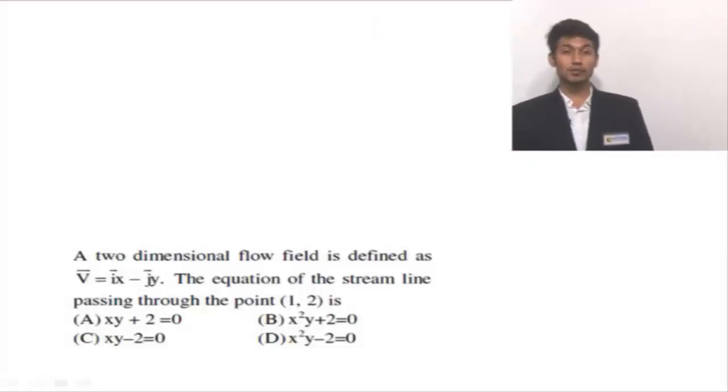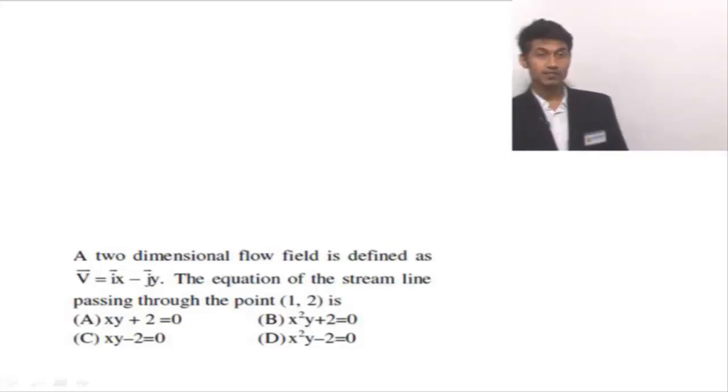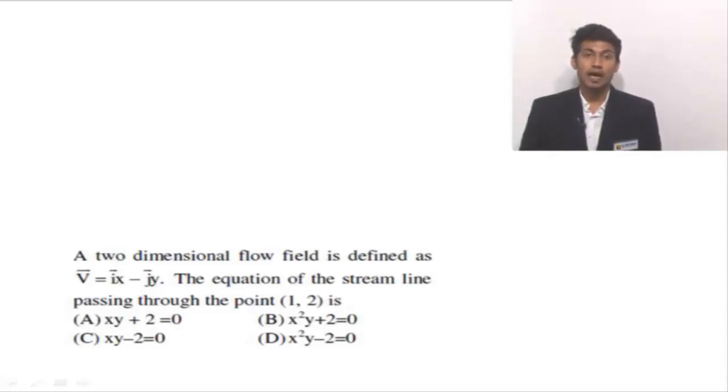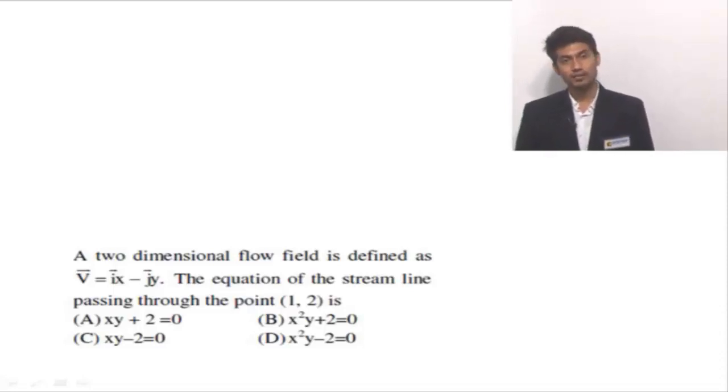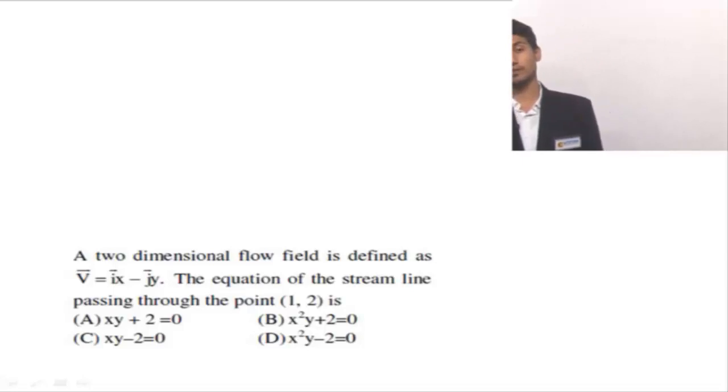The statement for the question given is a two-dimensional flow field is defined as velocity vector x i cap minus y j cap. The equation of the streamline passing through the point 1, 2 is.